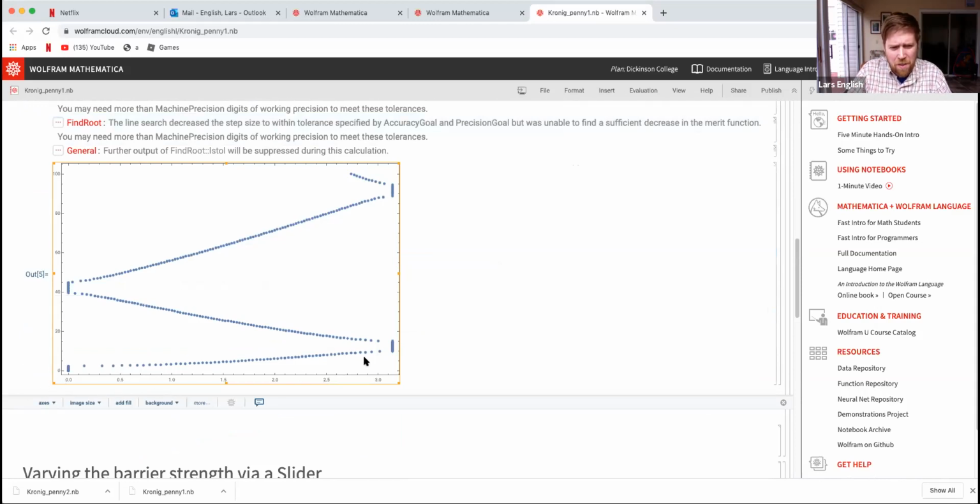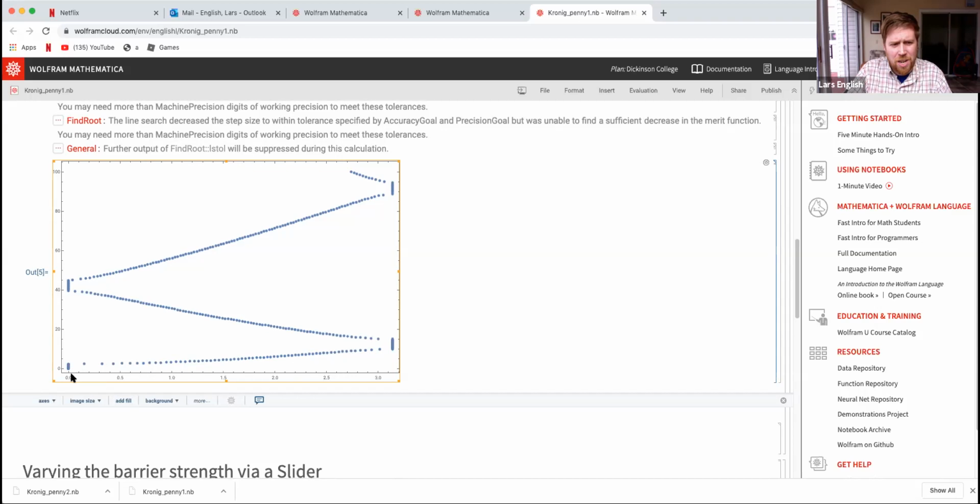And so what we see is there are solutions here. This here is k, the solution. We're plotting it against the energy on the vertical axis. Remember, the energy is x squared, and so it goes from 0 to 100 because x ranges from 0 to 10. So the vertical axis is an energy axis, and the horizontal axis is a k axis.